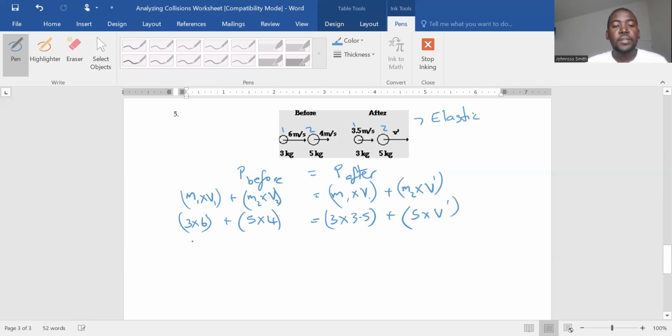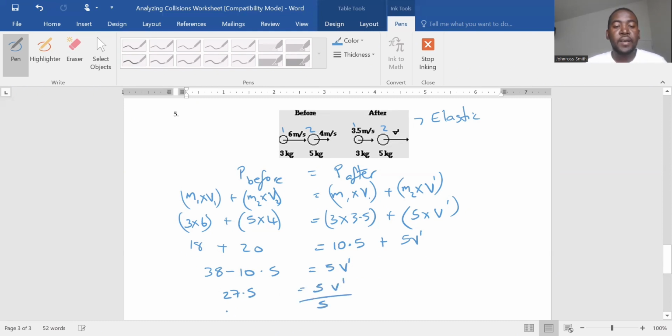So 3 times 6 is 18, plus 20 equals 10.5 plus 5v'. So this is 38. We take over the 10.5, it becomes 38 minus 10.5, so this now becomes 27.5 equals 5v'.